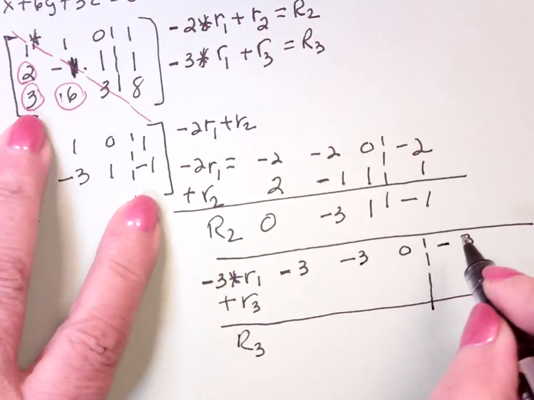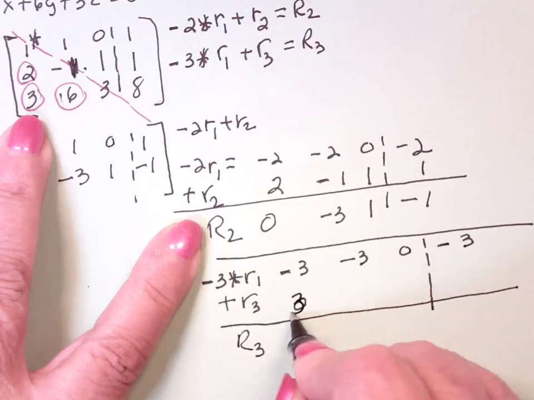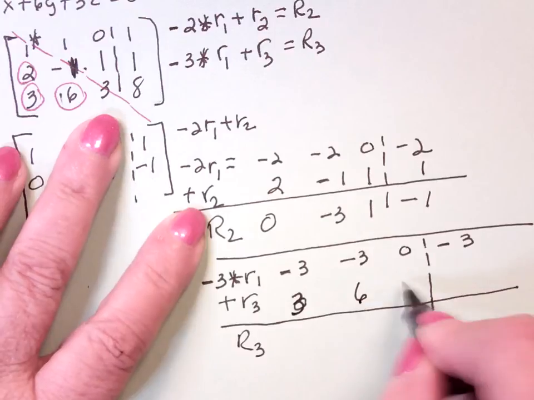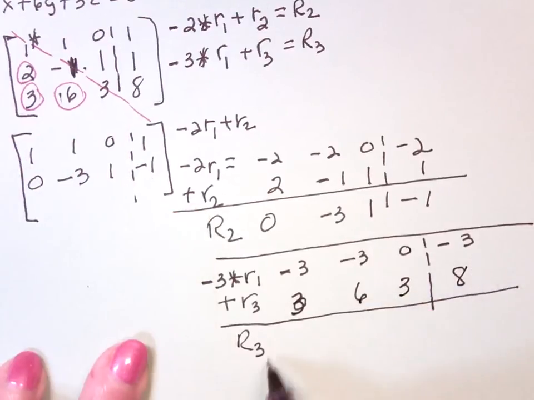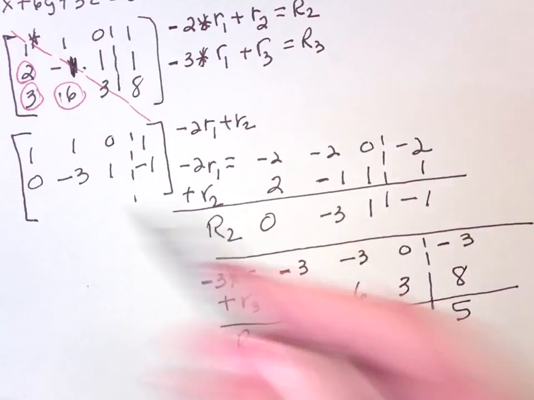Add it to row 3: 3, 6, 3, 8. I get a new row 3: 0, 3, 3, 5, hopefully.